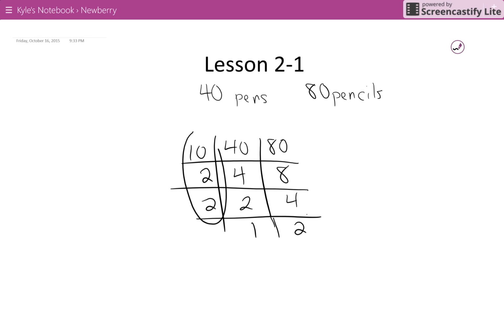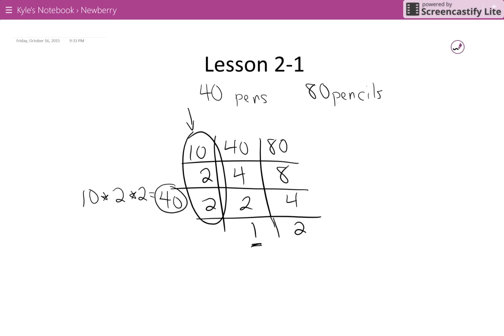So we take this column and we multiply that. 10 times 2 is 20, times 2 is 40. Sometimes students think they can't get a 1 down here, but that's okay. We just can't have a 1 in this column.